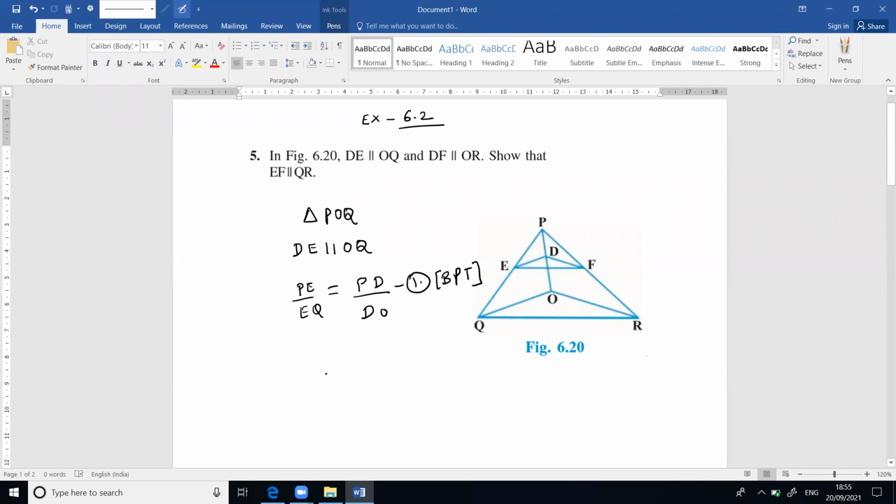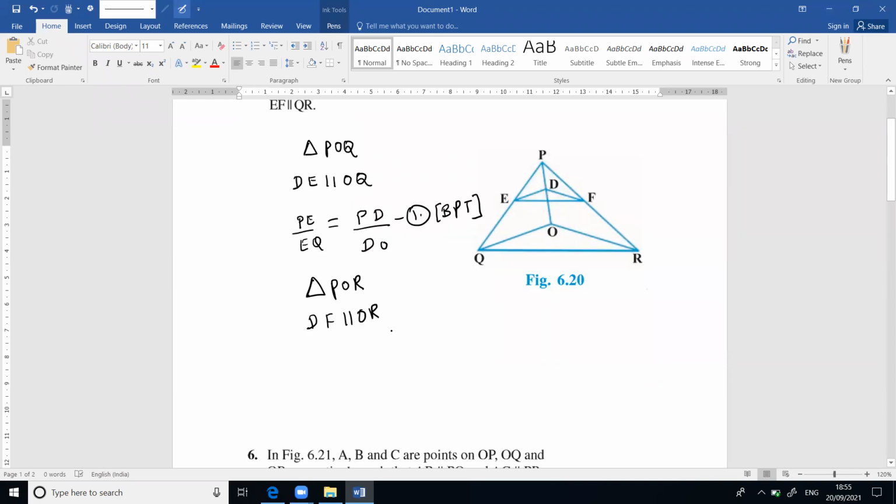basic proportionality theorem. Now, similarly, when you consider DF is parallel to OR, you consider triangle POR. Here it is given that DF is parallel to OR. So again, you will make use of basic proportionality theorem.